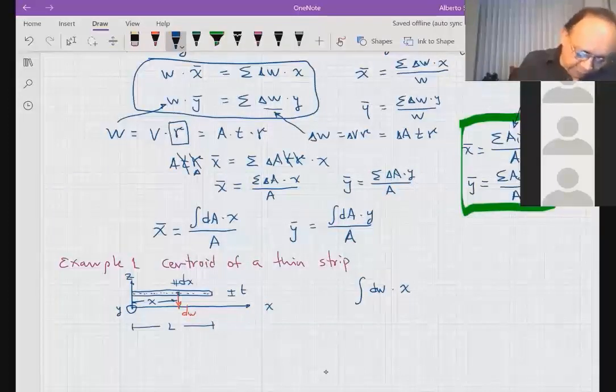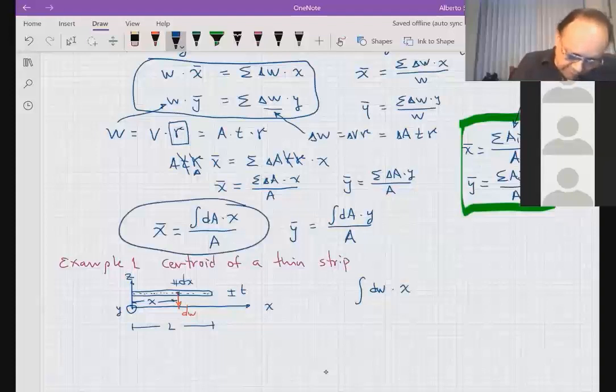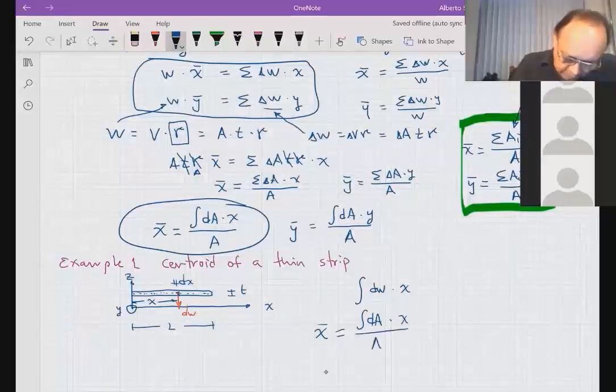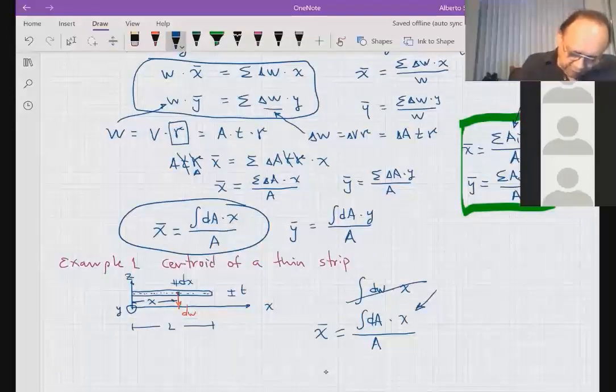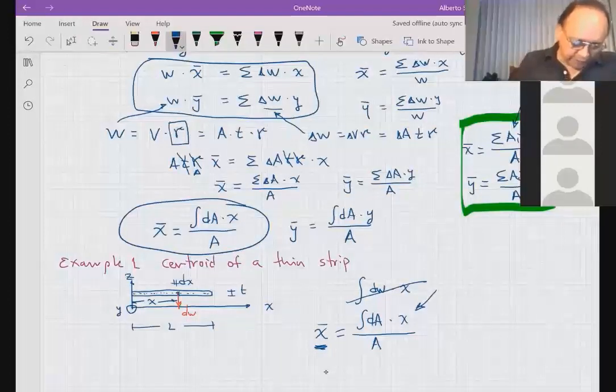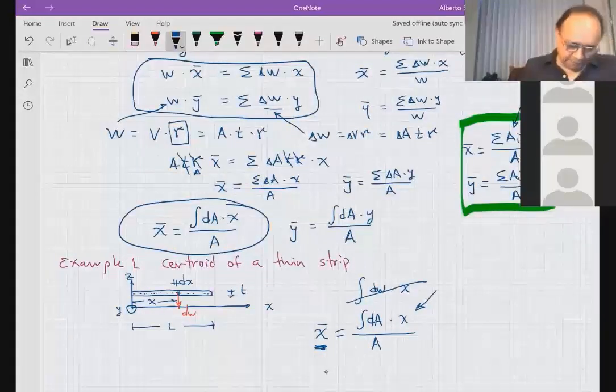But then we came down, by eliminating t and the specific gravity, to the expression that x bar is equal to the integral of dA times x divided by the total area. Let's not start from the beginning. We already arrived at this equation. That's how we can find the location of the center of gravity of a very thin little strip of width t and length L.